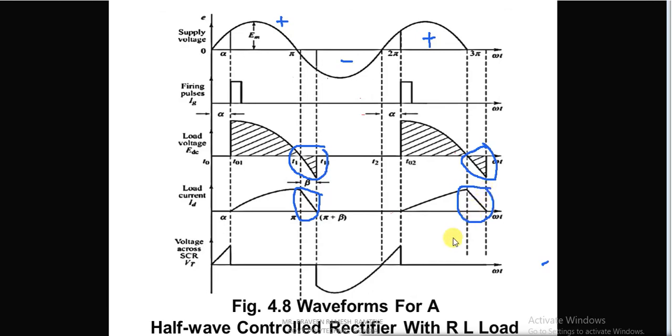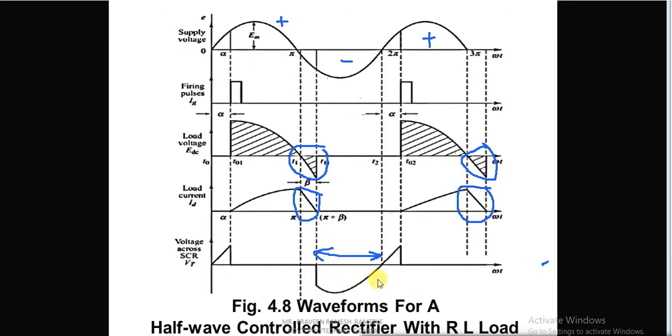And when the SCR is off during the negative half cycle, we will not obtain any load voltage or any load current, but we will obtain a voltage across the SCR. So this is the voltage across the SCR when the SCR is off.